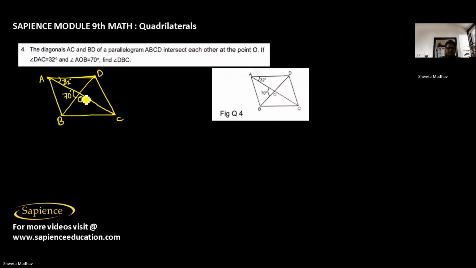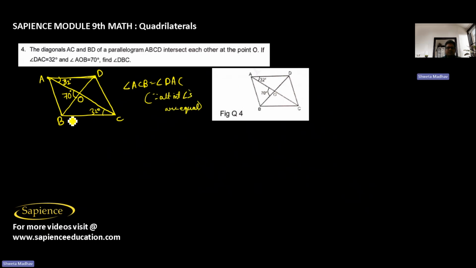Now this is 32 degrees, so this will also be 32 degrees, since angle ACB will be equal to angle DAC since alternate interior angles are equal.